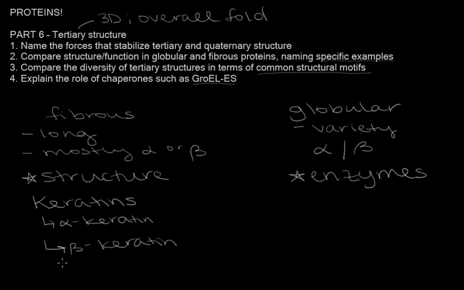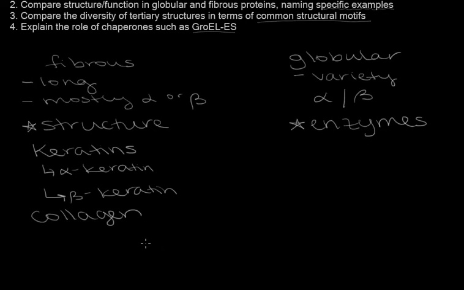Another well-known fibrous protein is collagen. So a lot of people buy lotions with collagen in it, and that's kind of silly. And we can discuss why in class. So collagen is really interesting because it's made of mostly alpha helices, but then they're also woven together. Pardon my rudimentary drawing here.